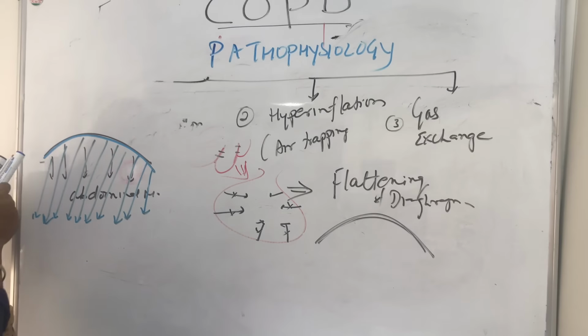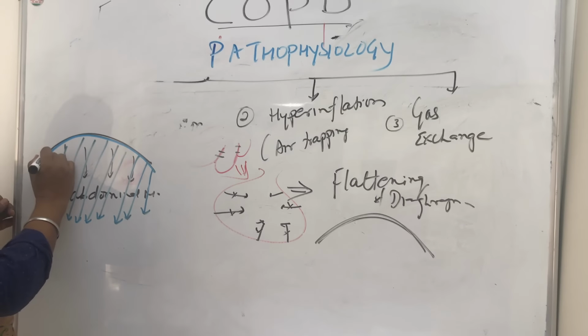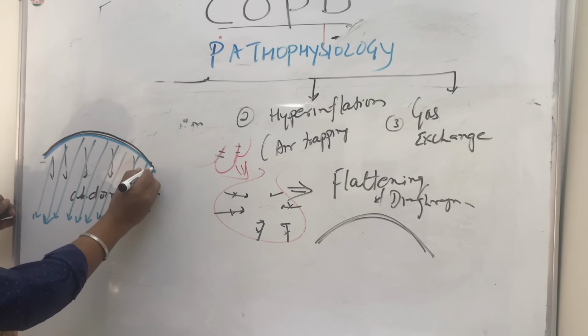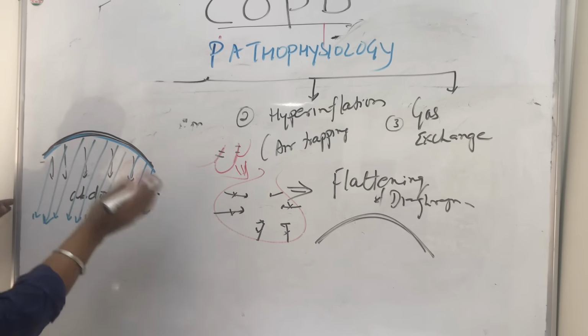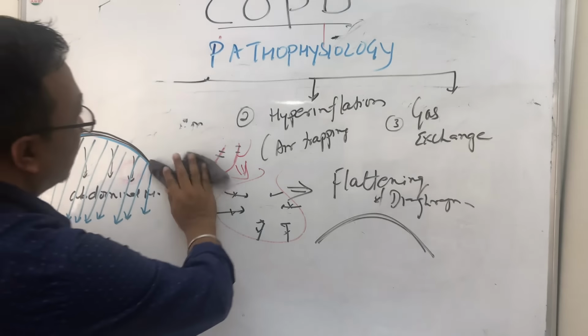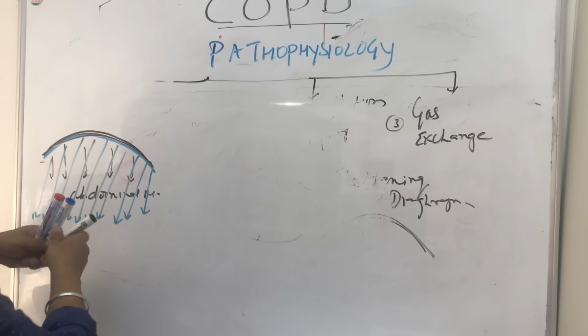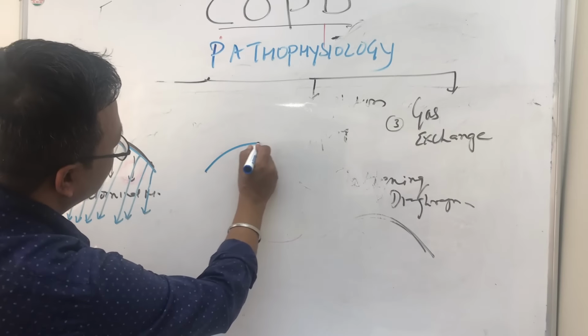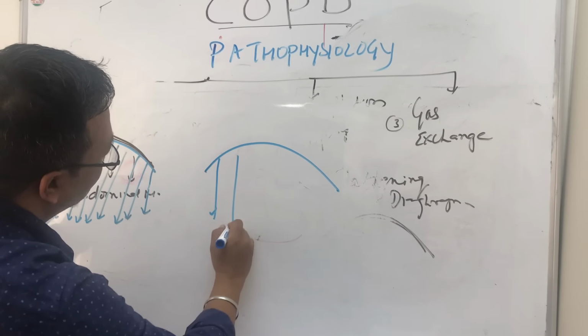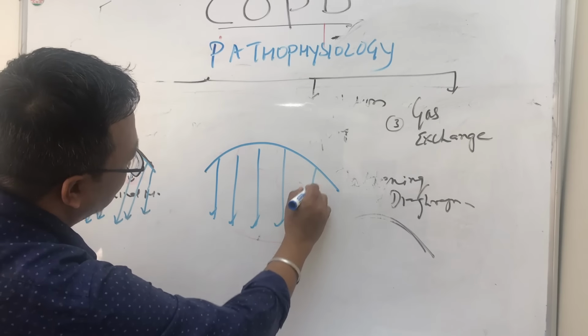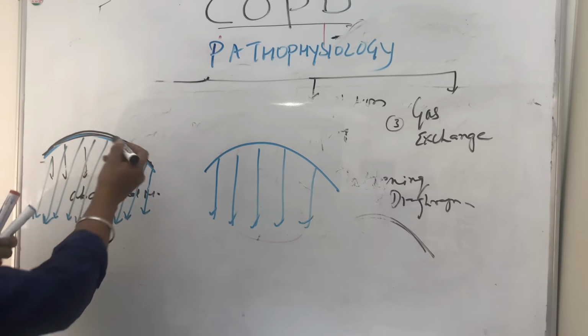Now, if we make this dome-shaped diaphragm flat, what will happen? These are the abdominal muscles which go down with the pressure of the diaphragm. And now the diaphragm is flat.